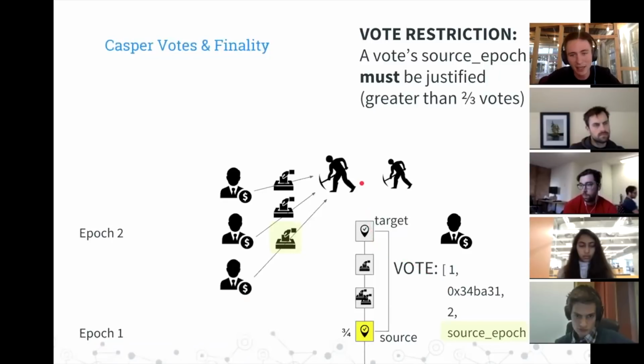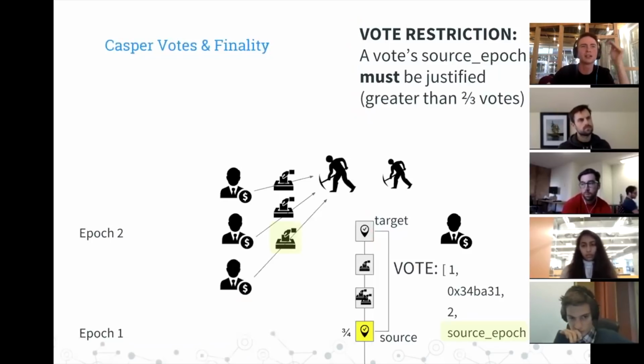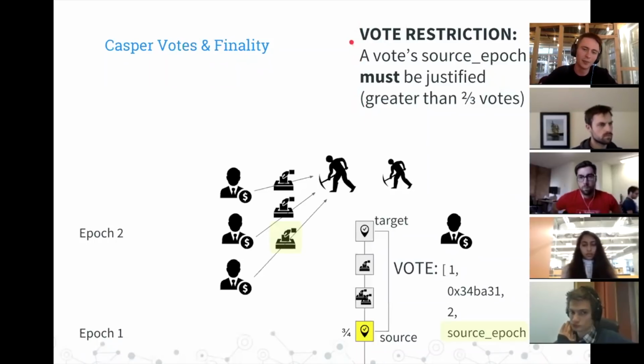And here is an important piece of information. In the last protocol, we had a slashing condition for preparing on top of a checkpoint, or referencing a source checkpoint, that does not have 2/3 votes, or prepares actually, at the time. Now we've replaced that slashing condition with a state transition constraint.